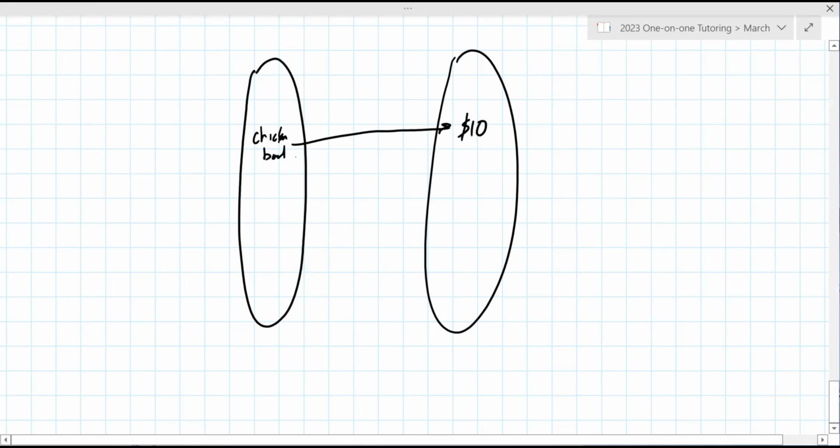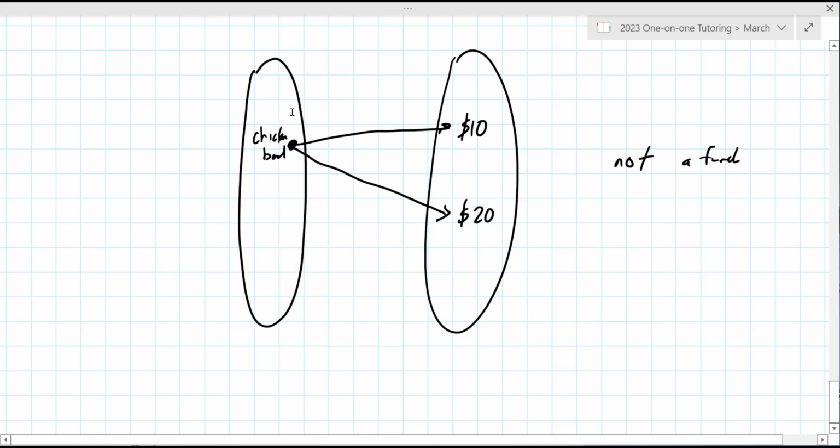And then I go in right after you, and they say, we don't like you as much, it's going to be 20. Do you see the problem with this? Is it going to be 10 or 20 when you go in there? For me, 10. So this is not a function, because you don't know which output it's going to be.